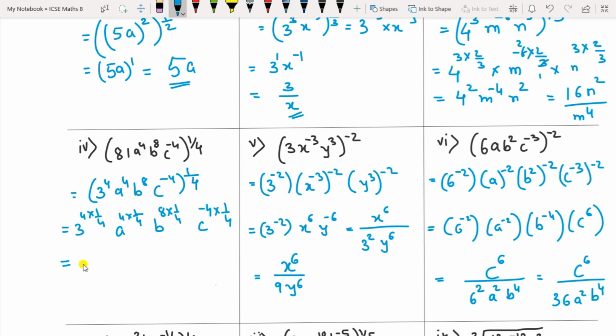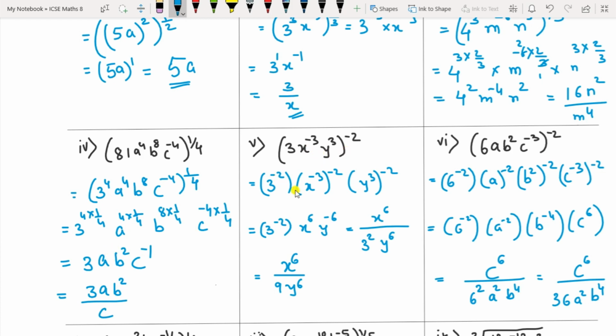So this will give 3 raised to 1, a raised to 1, b raised to 2, and c raised to minus 1. So the answer is 3ab square upon c. If the power is 1, you don't have to write the 1 here. If nothing is written, that means it is 1 only.